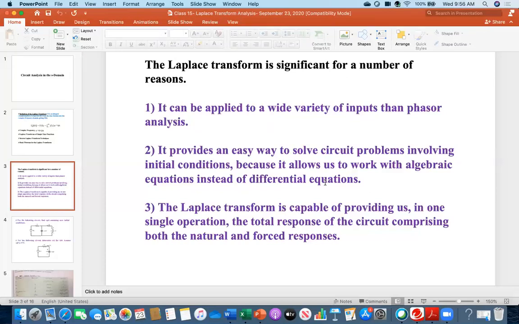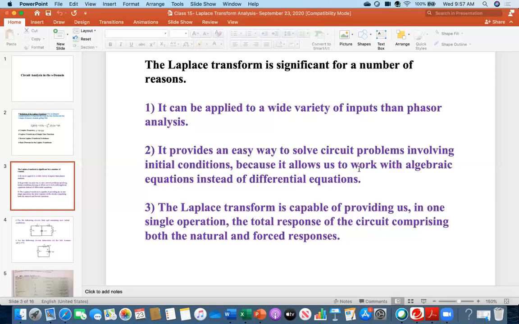Everything you can express in terms of algebraic equations and just find the value. So everything will go in terms of the symbol S, which is called the Laplace operator. Soon I am showing you an example, then you will understand.